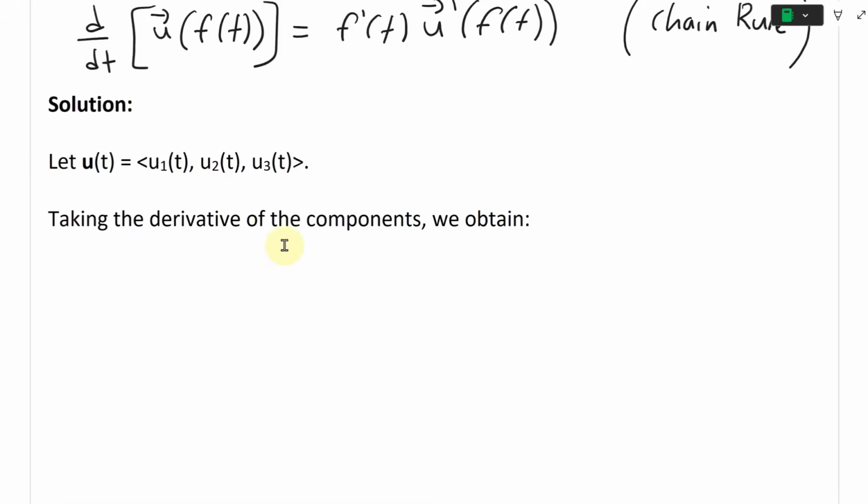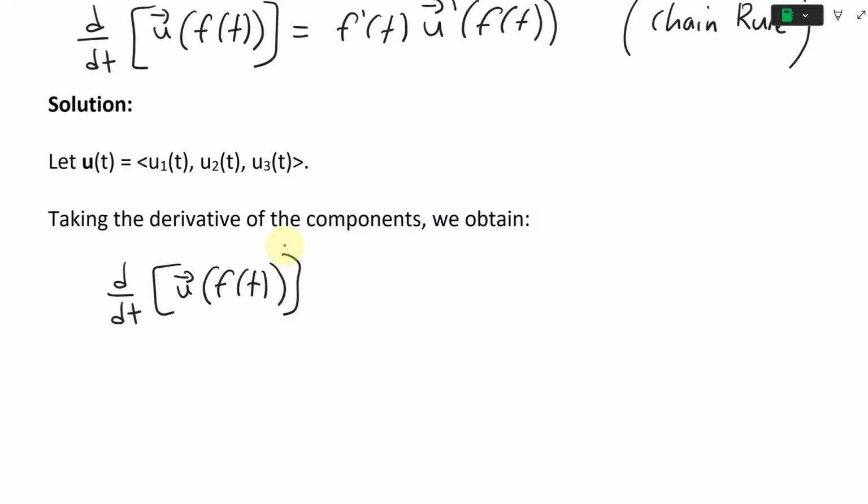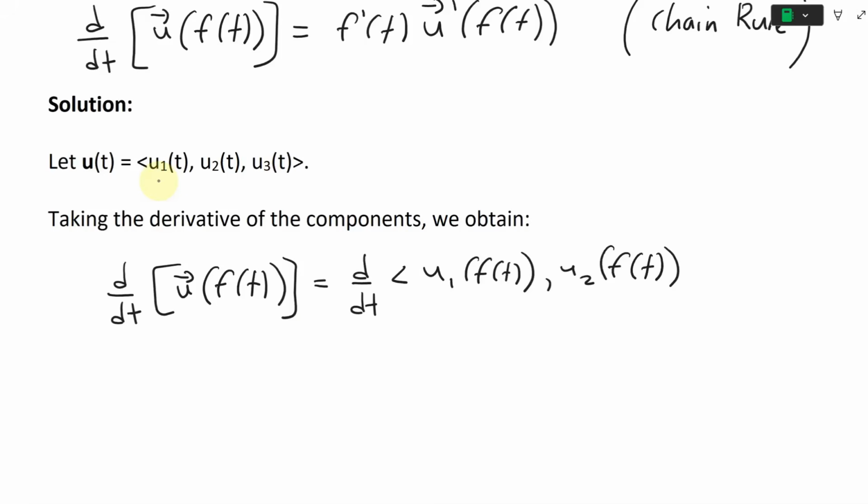Then taking the derivative of the components, we obtain d over dt of u of f of t, which equals d over dt of the vector with components u1 of f of t, u2 of f of t, and u3 of f of t.